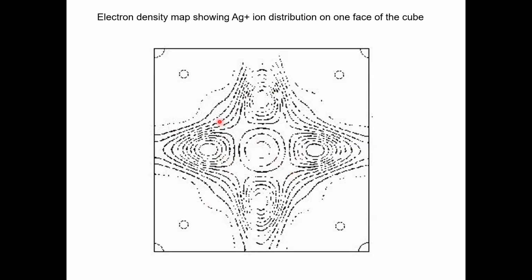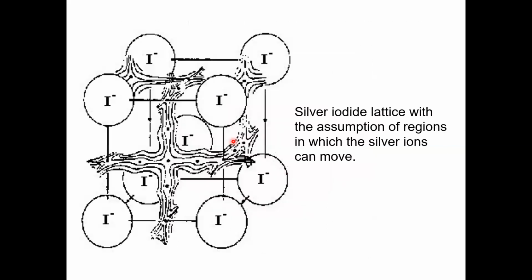So this fulfills the second criterion, that not only do you need a lot of empty sites for ions to fill, but those empty sites should be easily accessible. And we can see that in this diffused nature of the silver mapping that gives an indication of shallow potential.